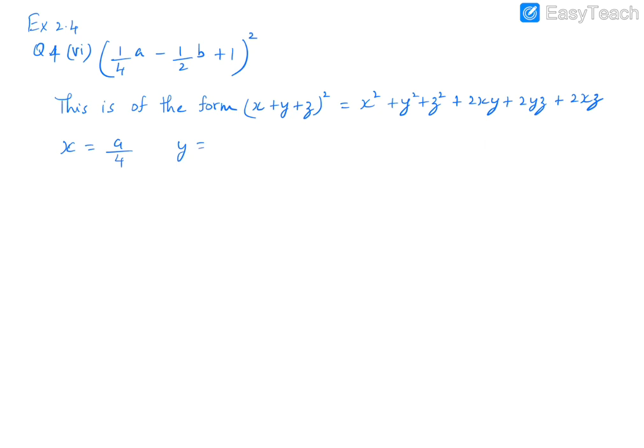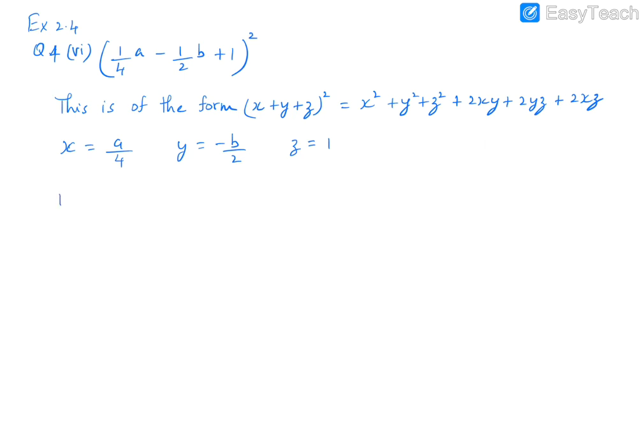In place of y we have minus b by 2, and in place of z we have 1. This corresponds to x, so it's a by 4. This corresponds to y, so plus y is plus minus b by 2, so we have minus half b, and in place of z we have 1. Okay, so now we can substitute these values on the right hand side of the identity.